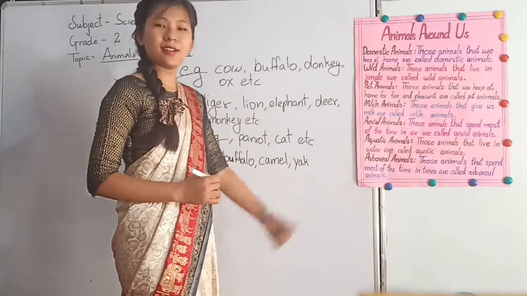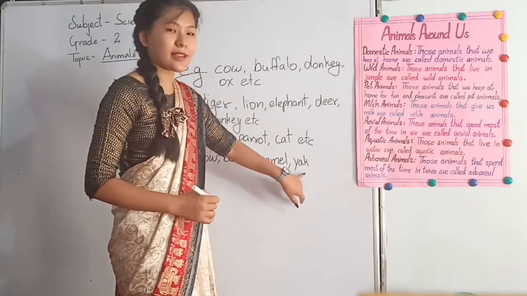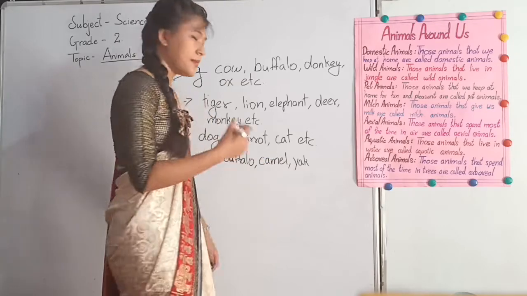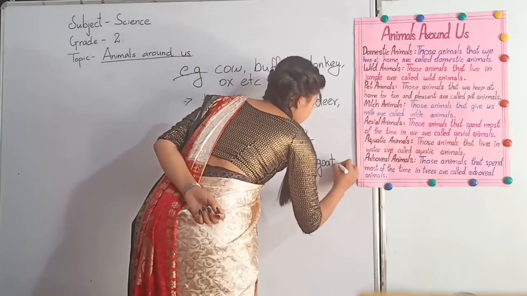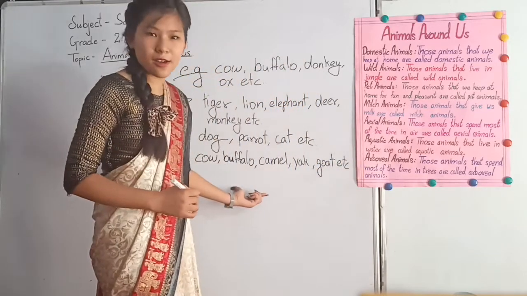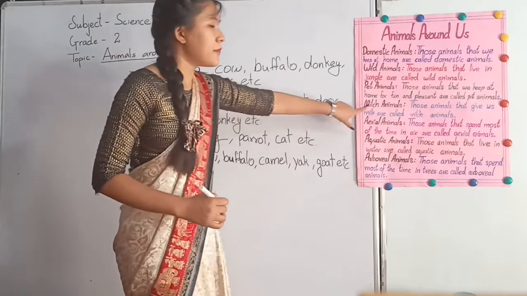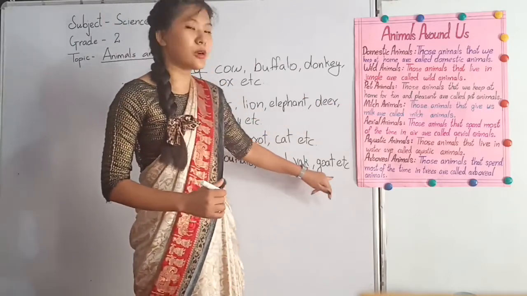Yak is also a what? Milk animal, because yak gives us milk. Goat, etc. So these are the examples of what? Milk animals. Cow, buffalo, camel, yak, goat.